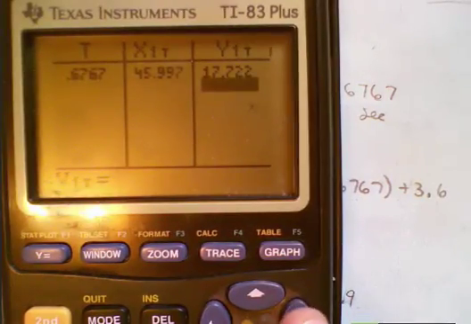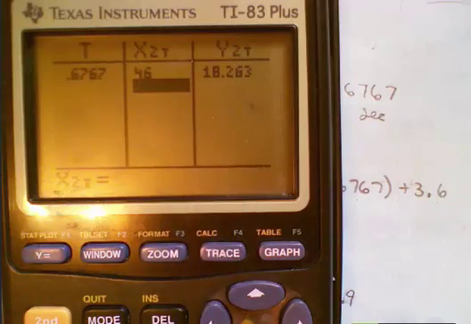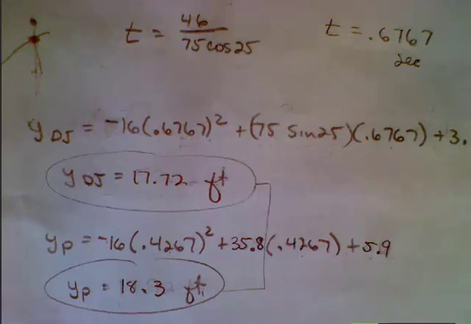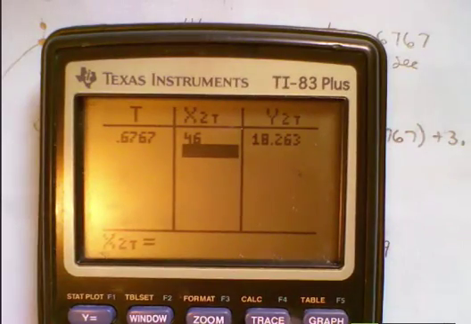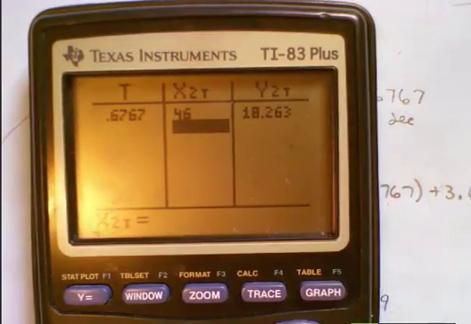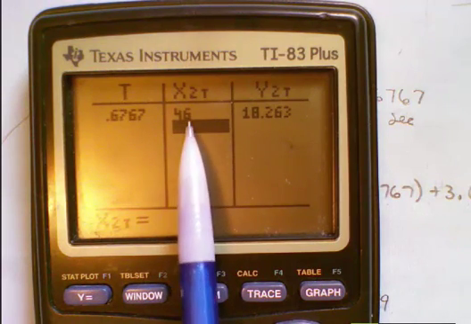And if I arrow over, I see that the ball, or the glove, was at 18.26, which again, if I look at what I plugged in, I got 18.3. So it's a good way to check it, to say, okay, we thought it happened at 0.6767 seconds. So as long as you're on independent ask, you go to your table, type that time in. These are rounded, so they might be off a little bit.